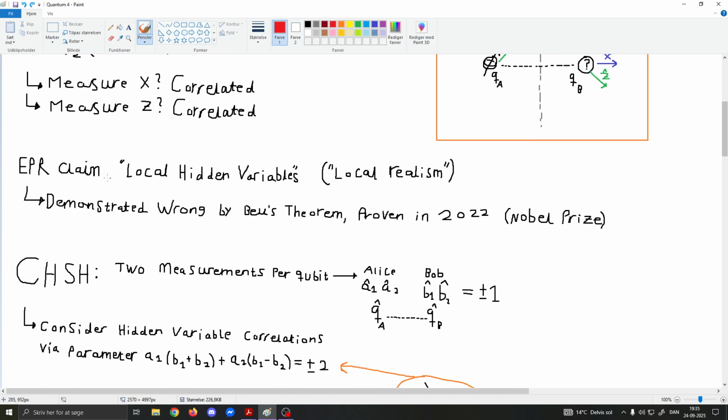Now, Einstein, Podolsky, and Rosen's justification for how these quantum states have these correlation values was a proposal of something called local hidden variables, or, by a more abstract name, local realism. It is a philosophical approach to a belief of how the universe operates.